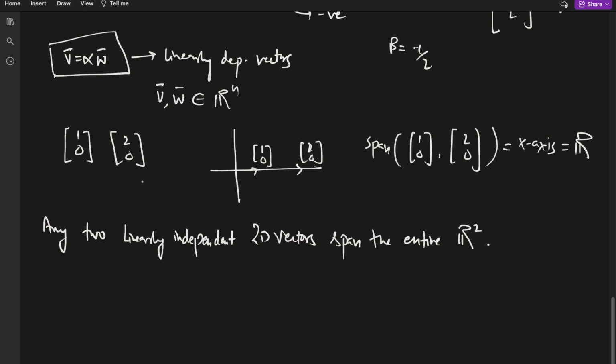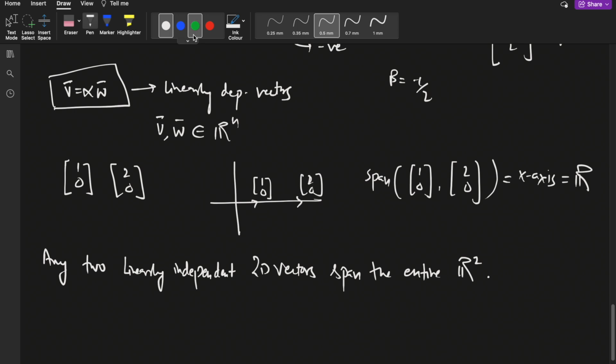Any two linearly independent vectors, and this is important: any two, right? It's not necessary that they should be i hat or j hat, right? Any two, but they should be linearly independent. That is the only condition.